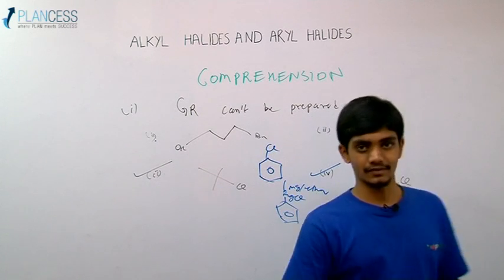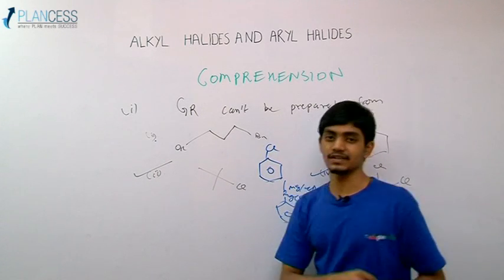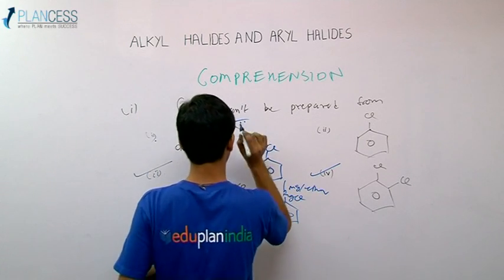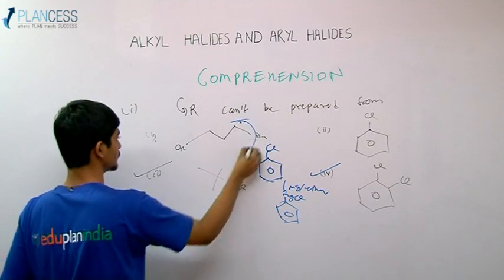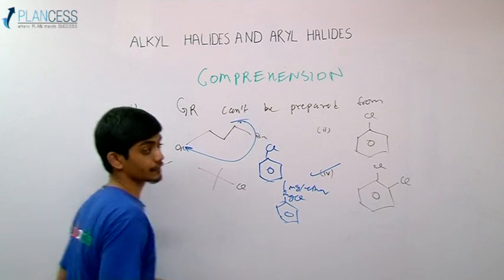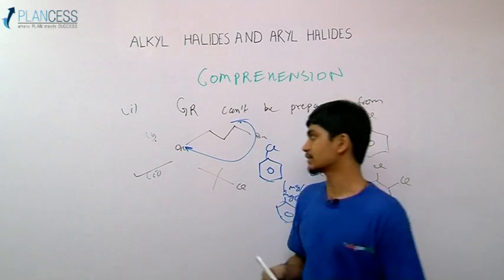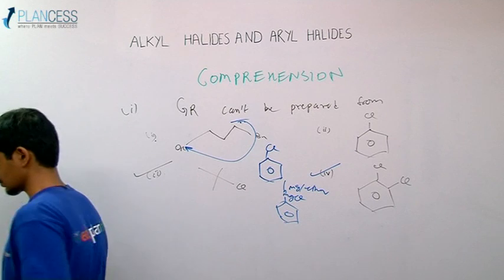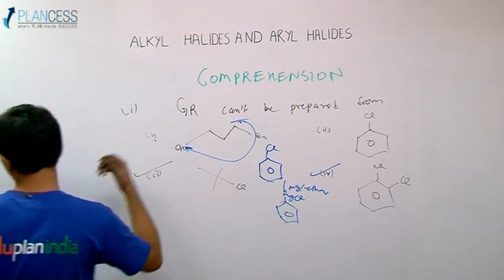And yes, we have just now seen why the Grignard reagent can't be prepared from this. Because if you take the carbanion over here, then it can attack the hydrogen of some other molecule, and the Grignard reagent would be destroyed. So the correct option is the first one.